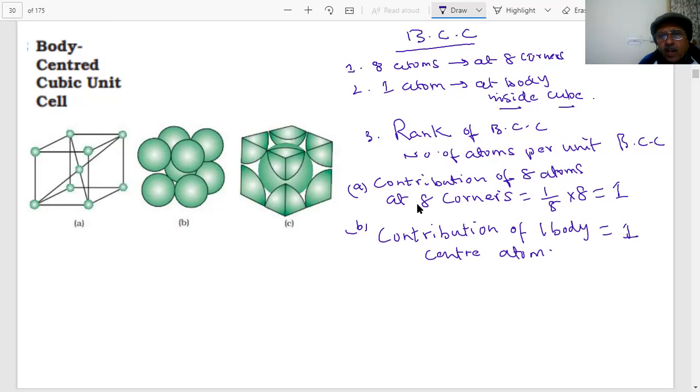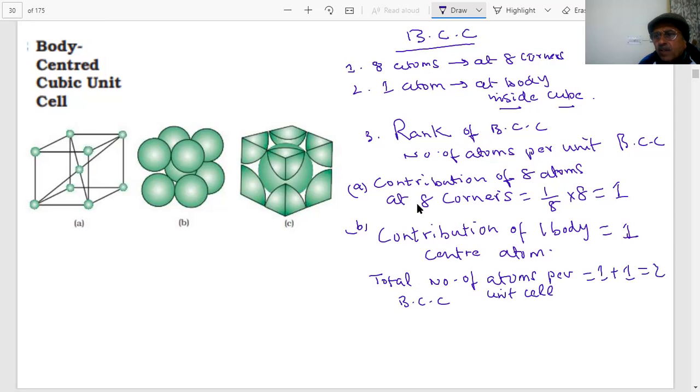So what is the total number of atoms per unit cell for BCC? 1 plus 1 is 2, students. 1 plus 1 is 2.